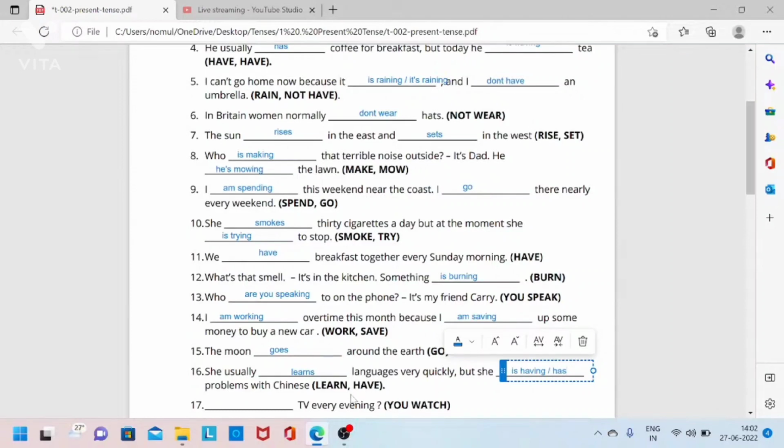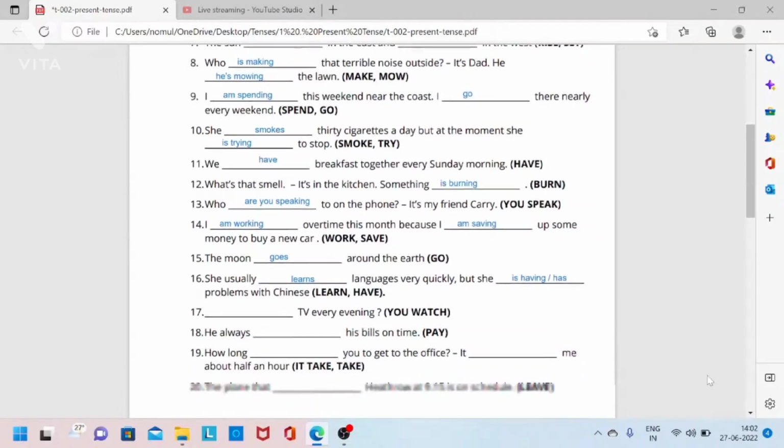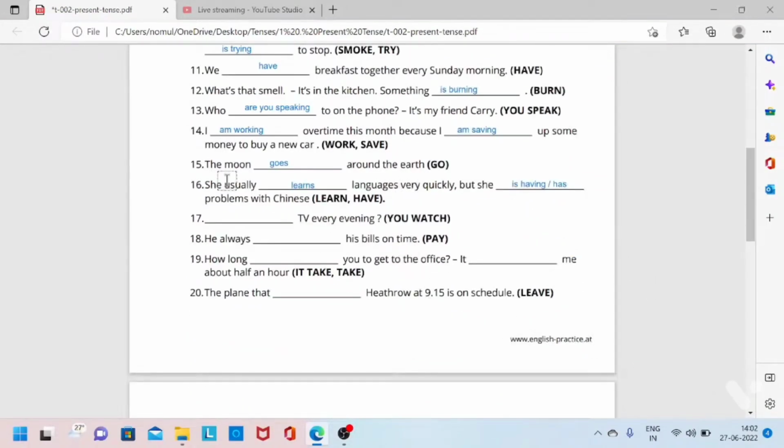So she usually learns languages very quickly, but she is having problems with Chinese, or she has problems with Chinese. Can also be written in that way.